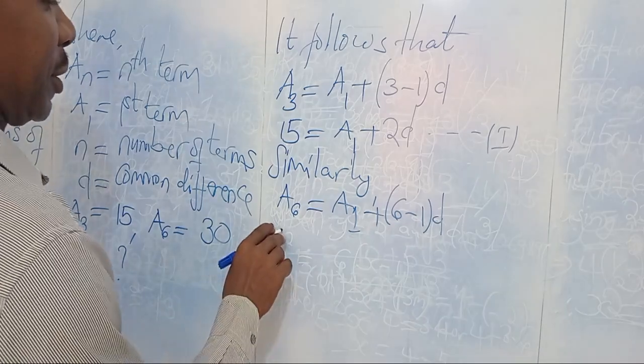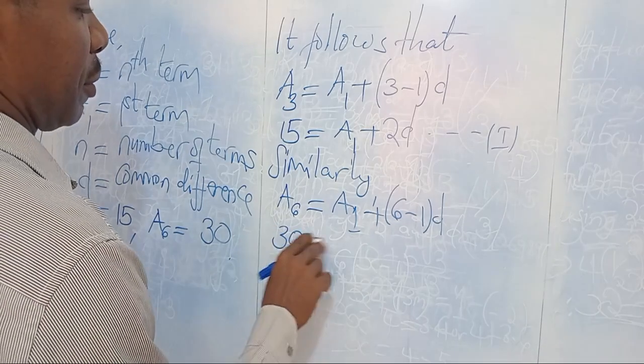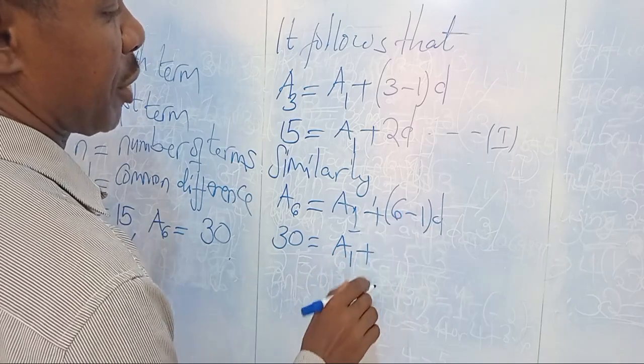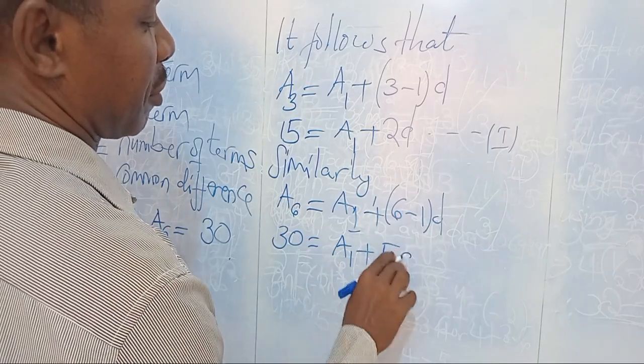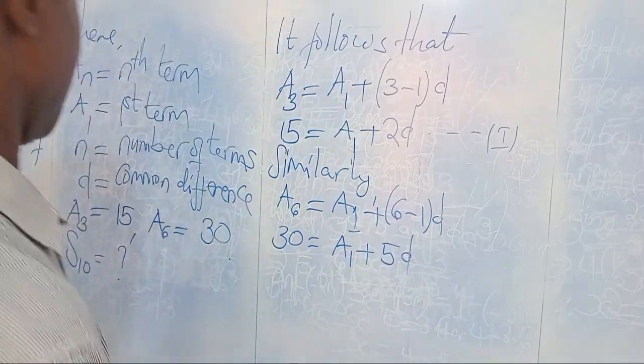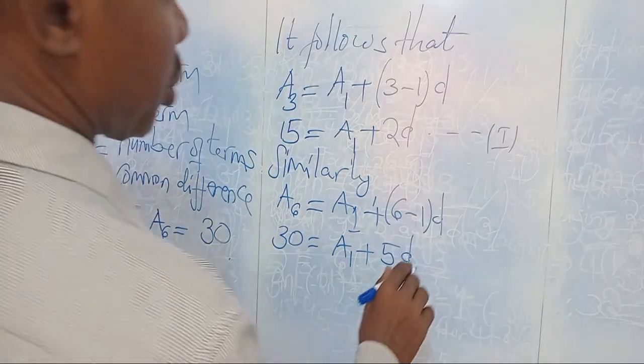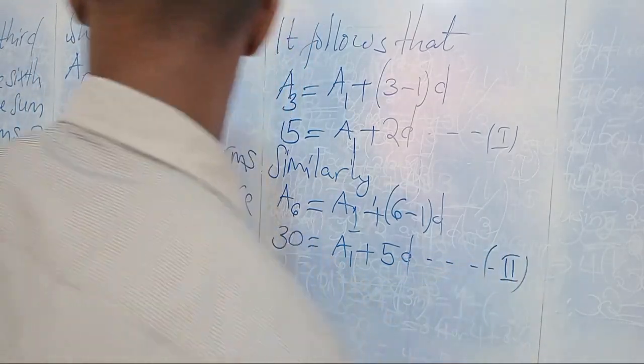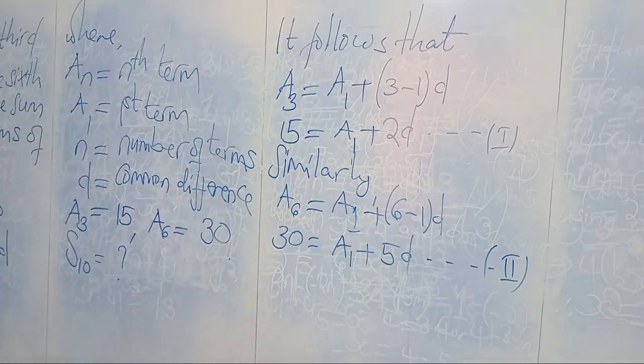A6 is 30. So 30 equals A1 plus, 6 minus 1 gives us 5d. We call this one equation number 2.